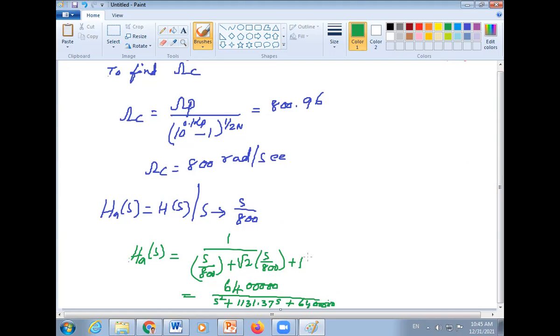Okay, so this is the answer we are getting, the transfer function for this particular example.